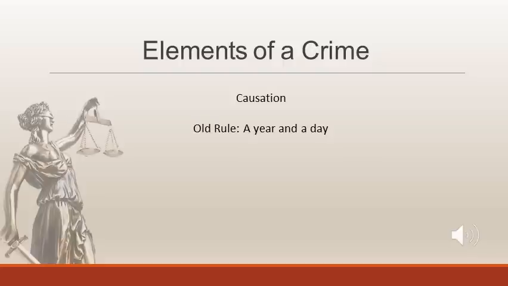And that is the old rule, a year and a day. It has to be less than 1 year and a day in order to satisfy this particular element of a crime.